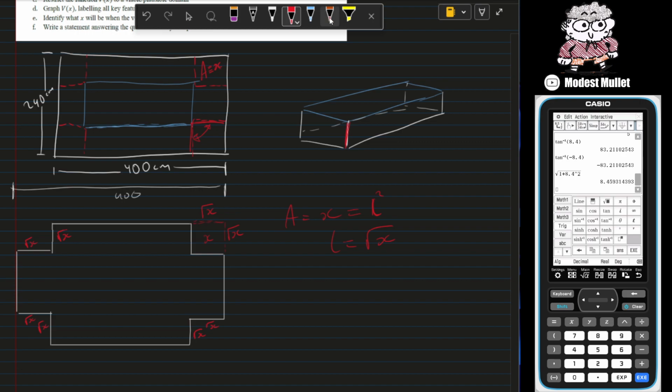We still need to label the actual far sides and top and bottom. So what does that mean?